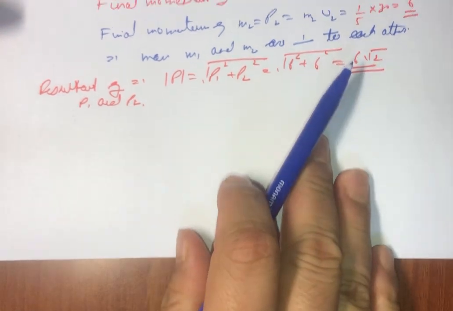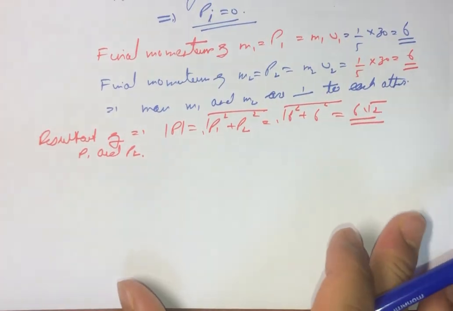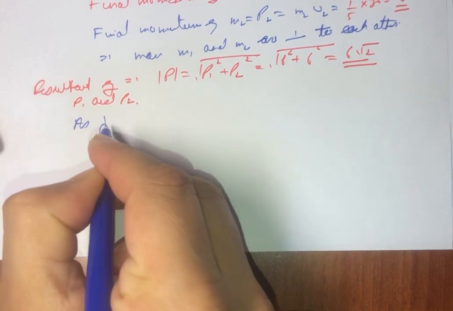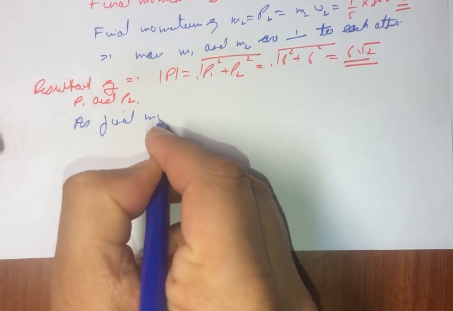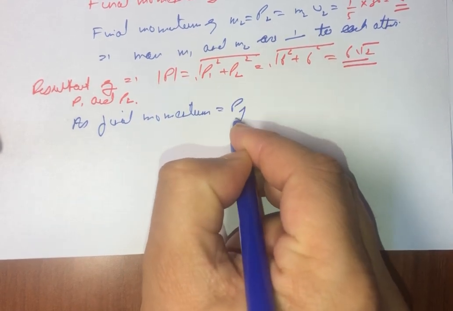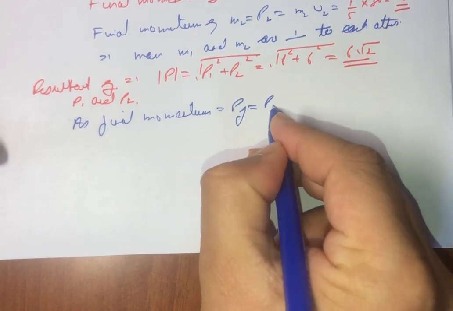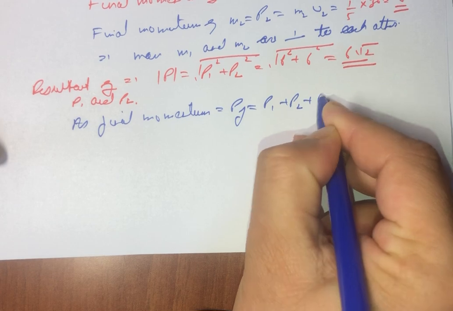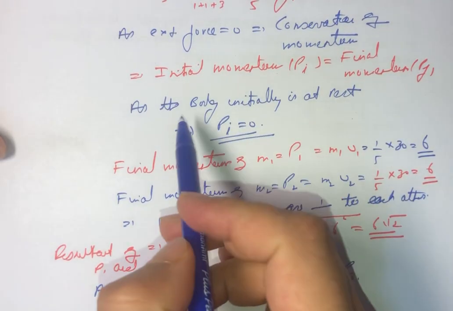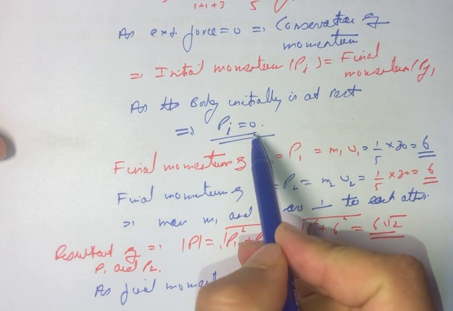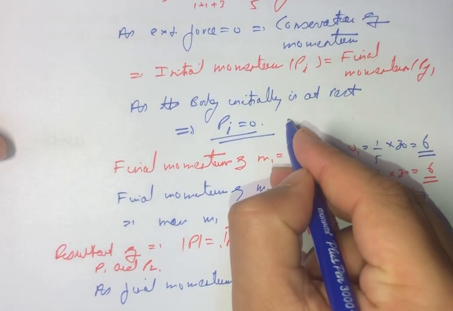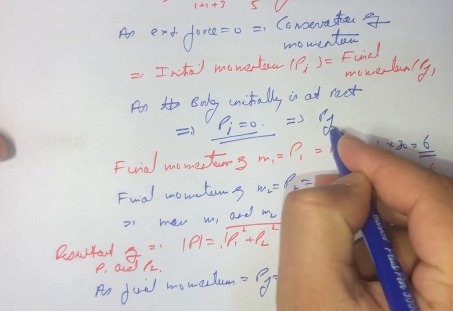And we have said that our final momentum is pf, which can be equated as P1 plus P2 plus P3. Initial momentum is equal to 0, and by the conservation of momentum pi is equal to pf, so pf is equal to 0.